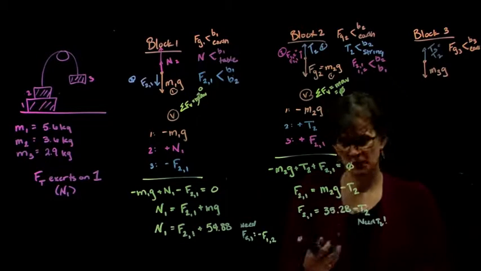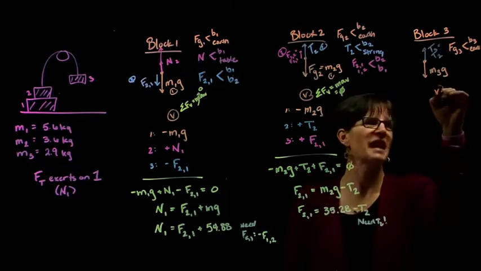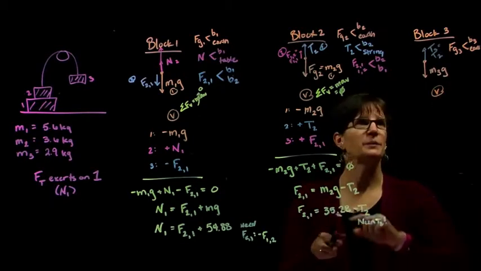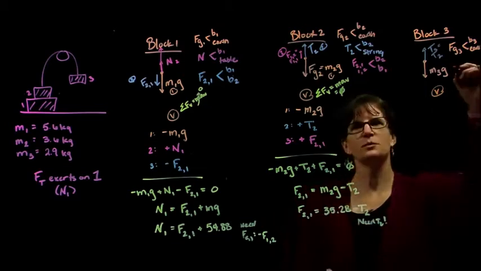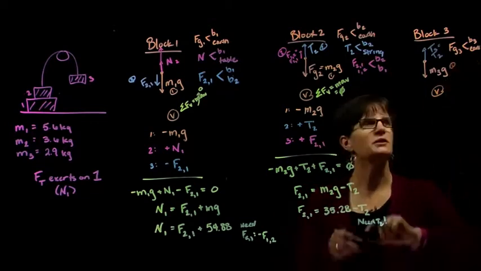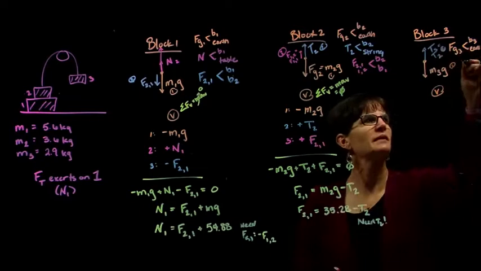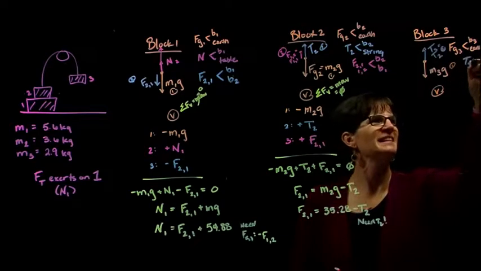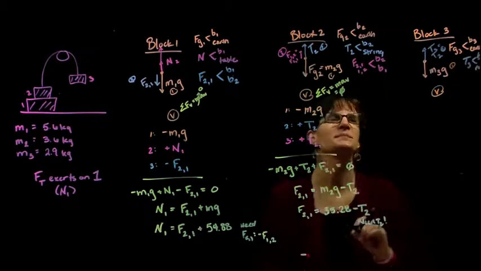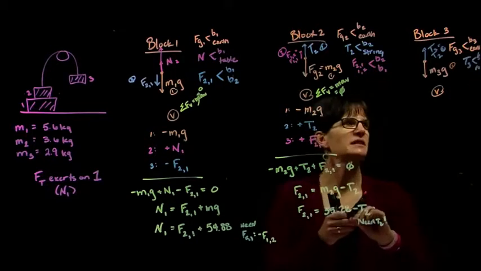All right, so let's look at that. We only have our vertical forces. We will identify them as force 1 and force 2. Oh, and remember our tension 3 is between block 3 and the rope, or string. All right, so we'll call it the string.